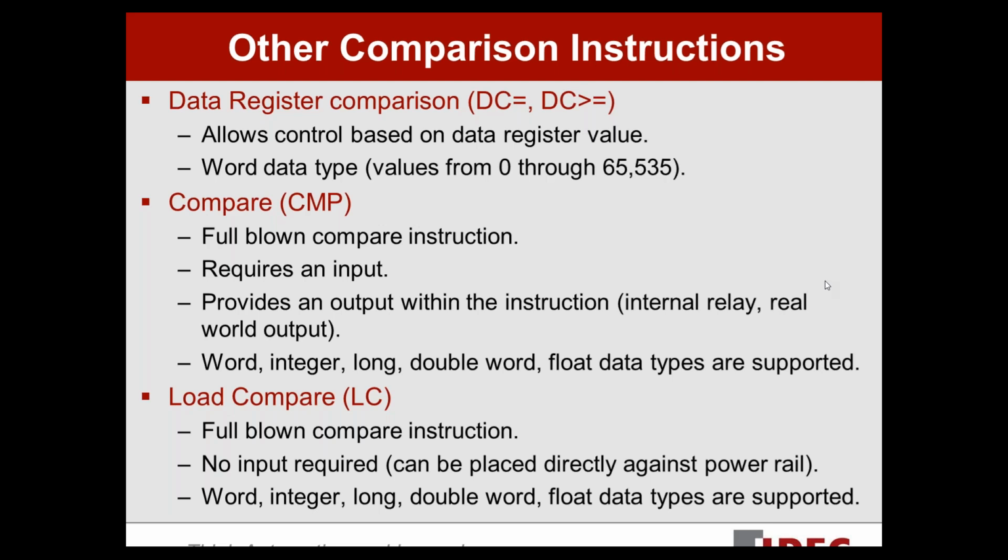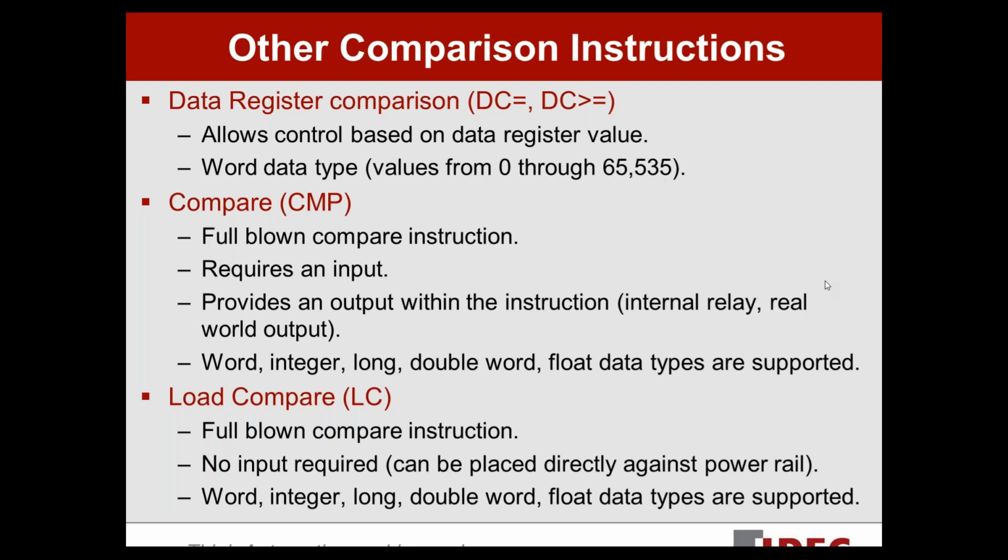The compare instruction also gives you an output within the instruction itself, and that can be an internal relay that turns on or a real-world physical output, the Q, that turns on. The compare instruction supports all the different data types. That's whether it's a word, an integer, a long, a double word, or a float. Okay, so you can use all 5 of those data types within a compare instruction.